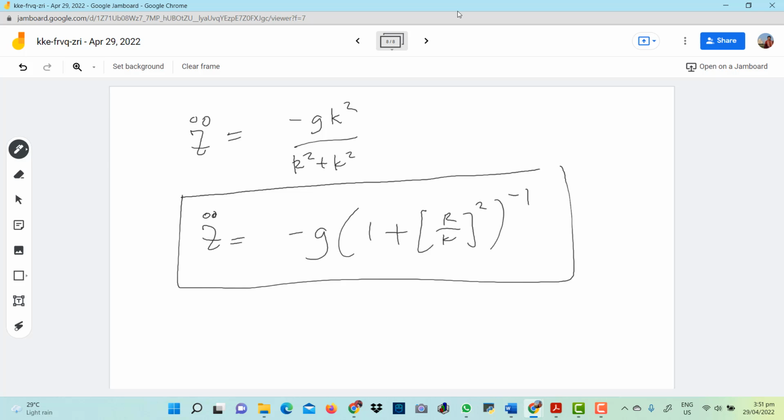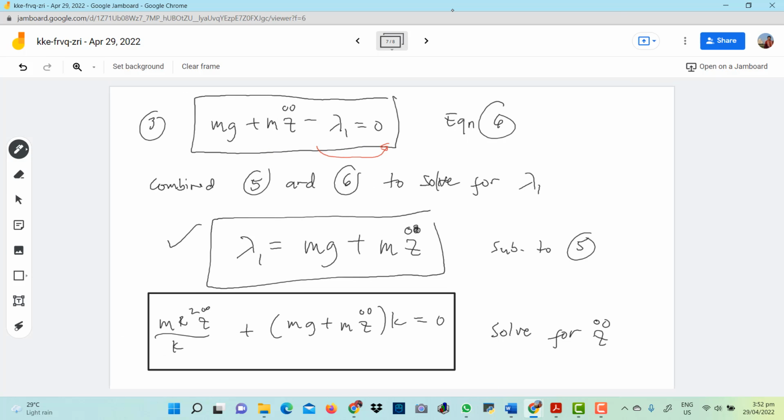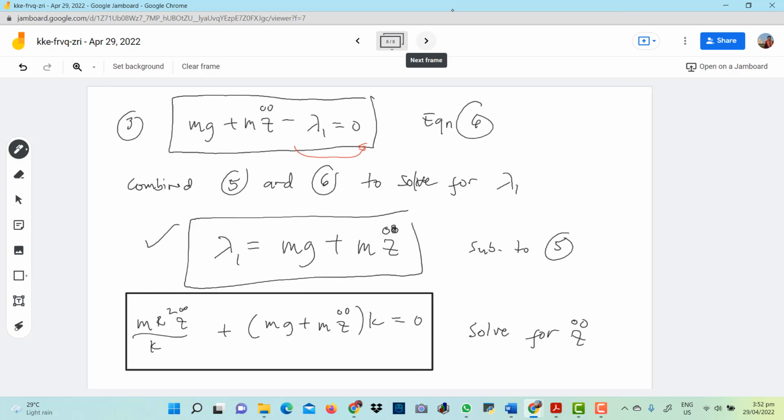After that, I have solved the equation of motion in the z direction. I can now solve for lambda 1 because I know that lambda 1 from here is equal to mg plus mz double dot.